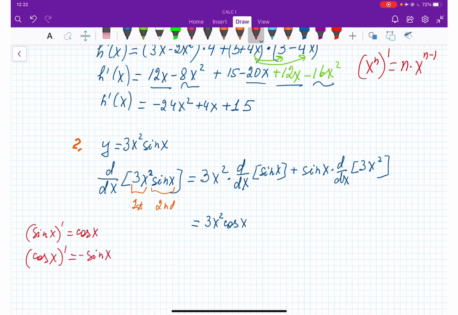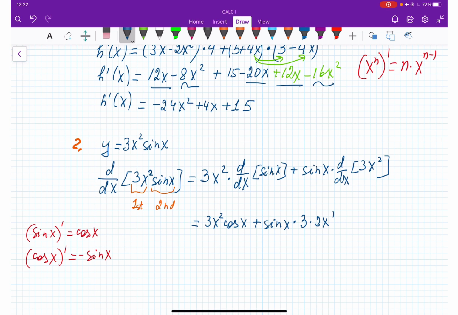Okay, so 3x squared cosine x plus we have sine x, right? Right here, sine x times the derivative of 3x squared, so it's going to be 3 times, 2 will come in front, x to the power 1, so 6x.